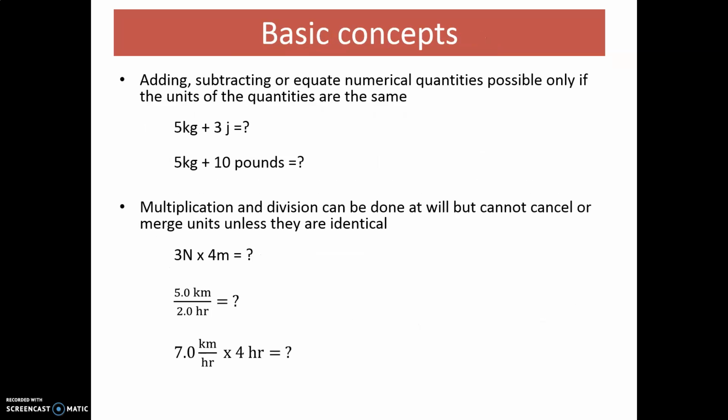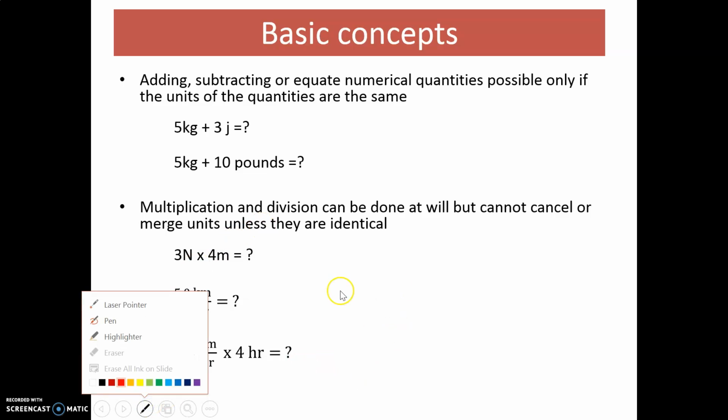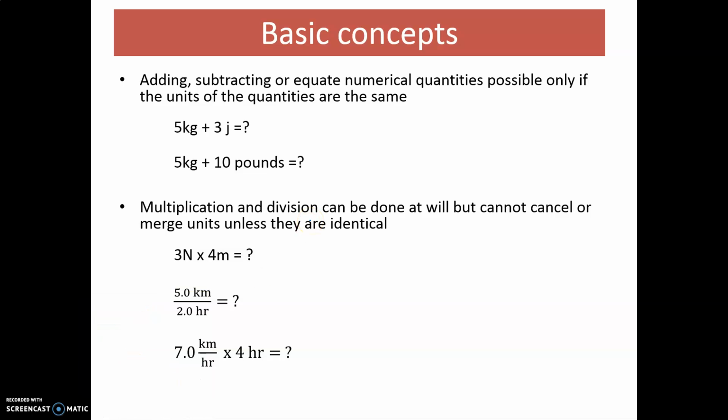So this is the basic concept of units: adding and subtracting is only possible if the units of the quantities are the same. If the units are the same, we can do addition and subtraction.